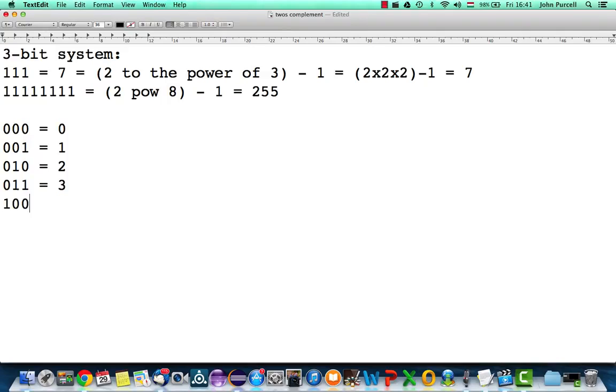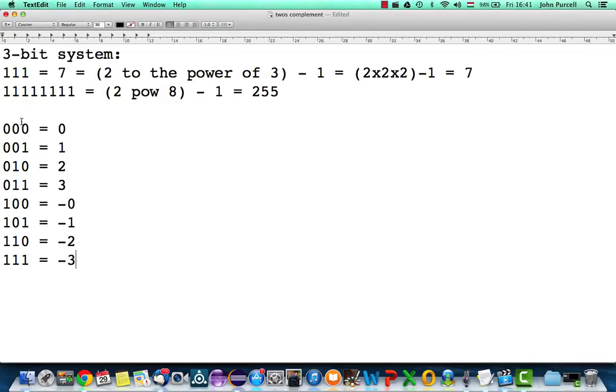If we add 1 to that, we get 100. So we're saying this is negative now because it's got a 1 here. So now we'd have to say that this equals minus 0. And then we go to 101, which we could say equals minus 1. 110 equals minus 2, and 111 equals minus 3.